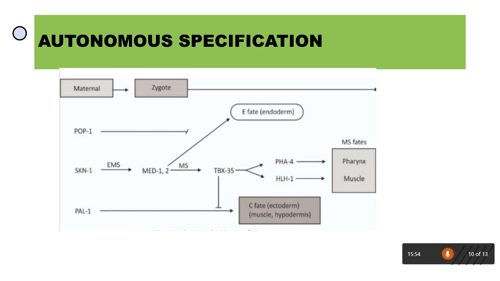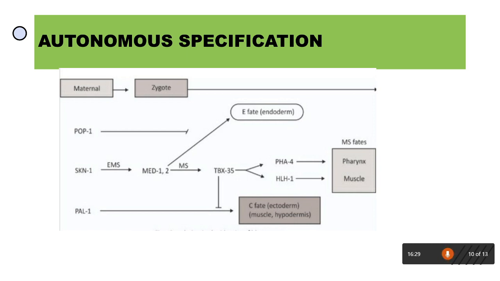Now looking into what is autonomous specification. Autonomous specification is the specification in which the cytoplasmic or determining factors within the cell play the key role for a cell to get differentiated or to achieve a particular fate. Note, it is not the interaction with neighboring cells or position that destines the cell to a particular fate. The case is different in conditional specification, where the interaction with neighboring cells is the determining factor.